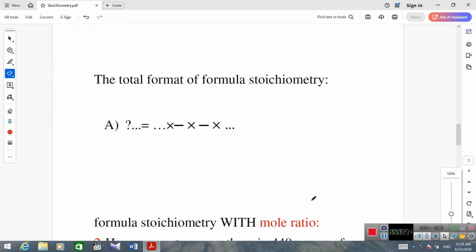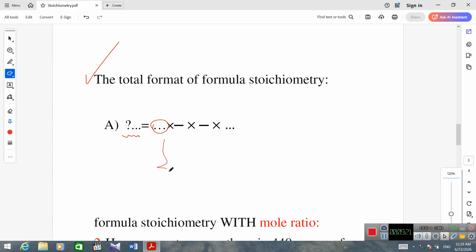The total format of formula stoichiometry, as you can see, is the question part, the given data, and some fraction lines. The number of fractions depends on the question, sometimes 2, 3, 4, 5, and so on.